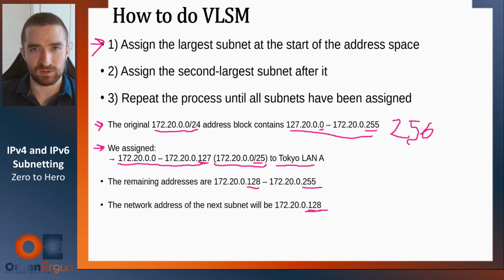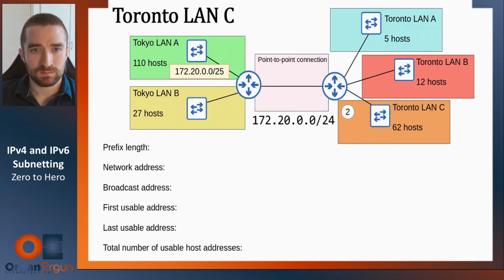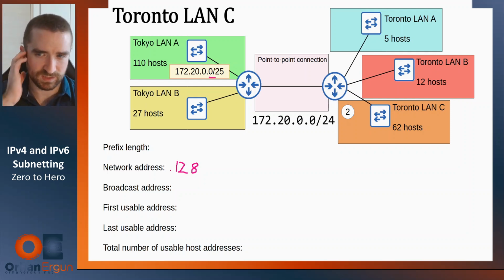But we still have to figure out the prefix length and other things like that. So let's continue. The next largest subnet is Toronto LAN C here. It's number 2. So I just said that the network address will be .128 because it's the next address after Tokyo LAN A's broadcast address of .127. Now, what should the prefix length be?